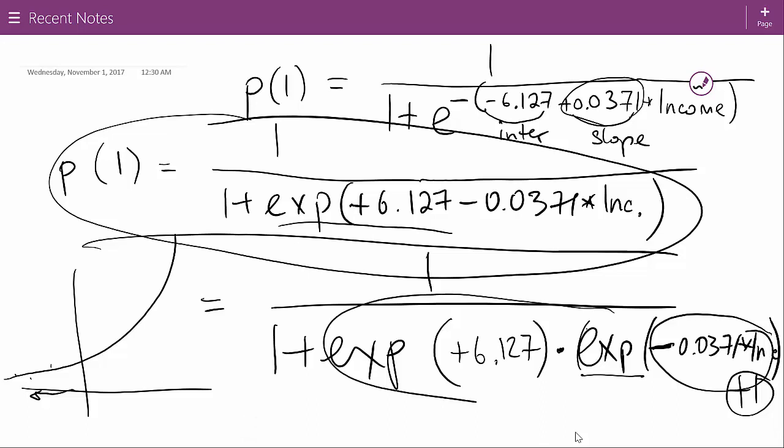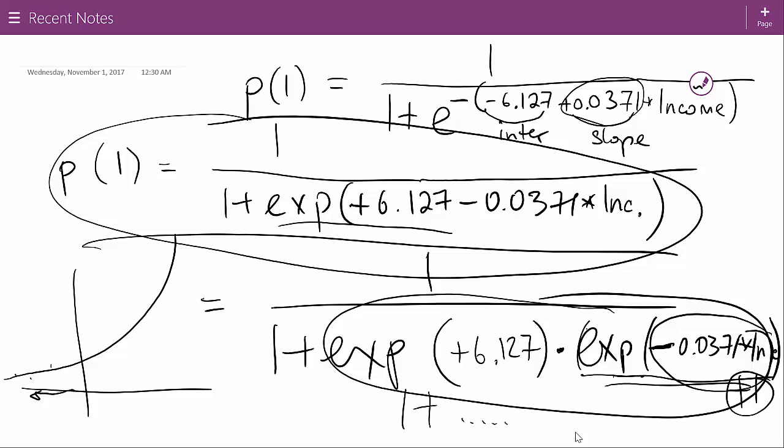So this whole thing, because that is part of the expression, I'm multiplying by a smaller and smaller number, right? Income goes up, that number goes down. So therefore 1 plus this number goes down as well, right? So therefore I'm dividing by a lower number as income increases. And if I'm dividing by a lower number, I'm getting a higher number, right?